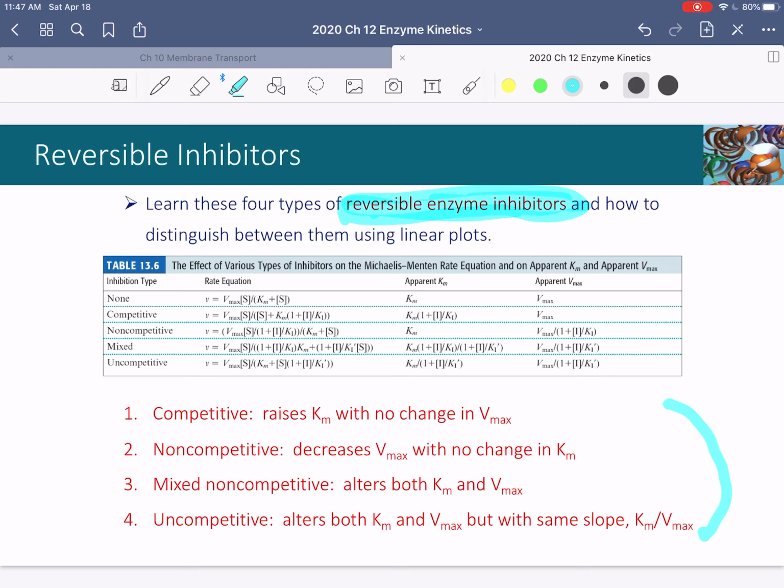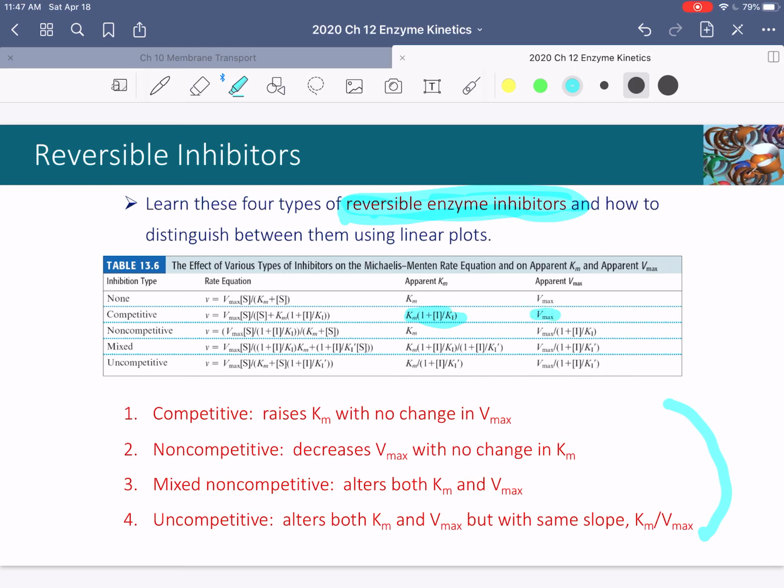So competitive inhibitors, all of these are reversible inhibitors, but competitive inhibitors are characterized by a rise in Km with no change in Vmax. So when you look at the table, the top is your Michaelis-Menten kinetics, there's your Km and your Vmax, in the absence of the inhibitor. Now, if you have a competitive inhibitor present, you're going to be changing the Km, but you're not changing the Vmax.